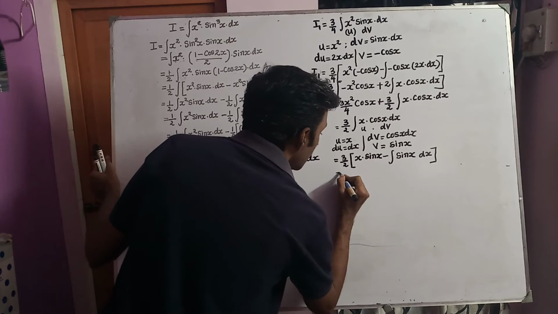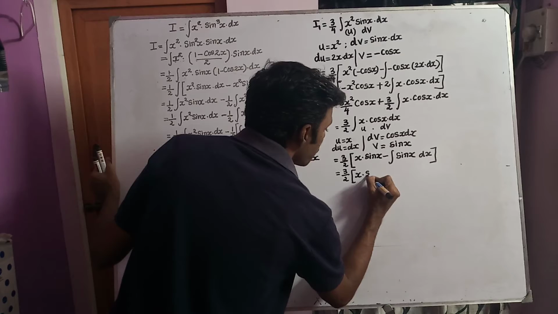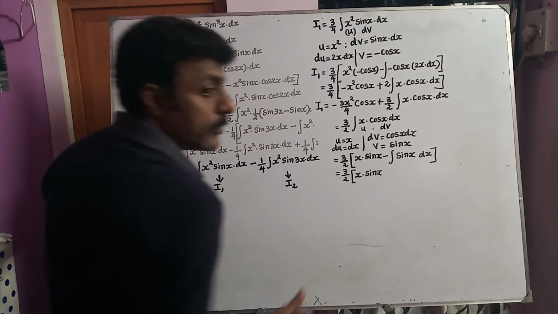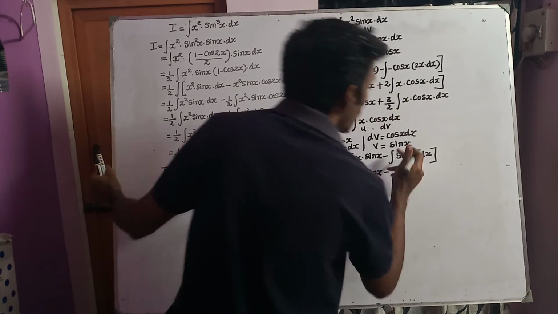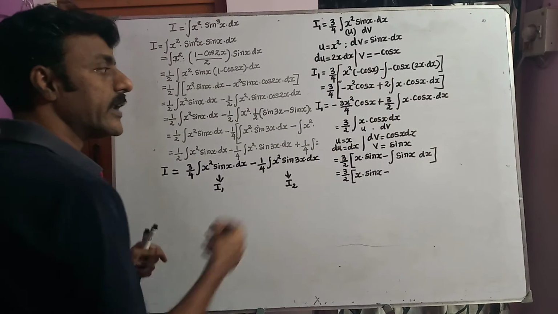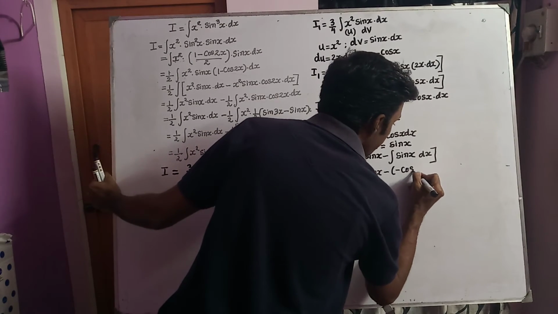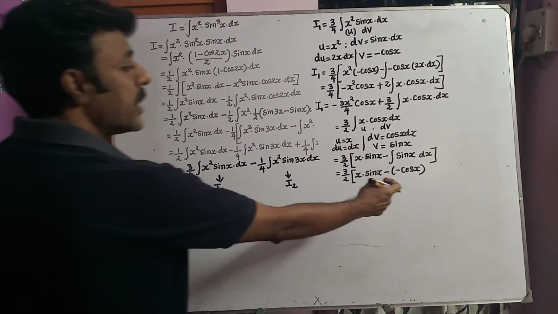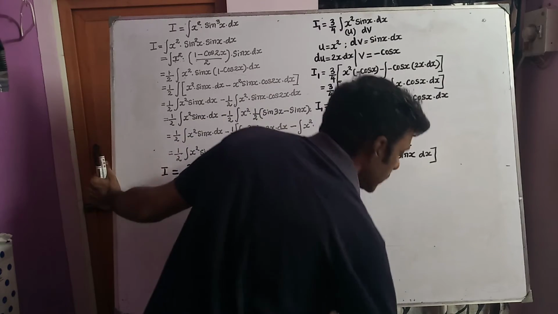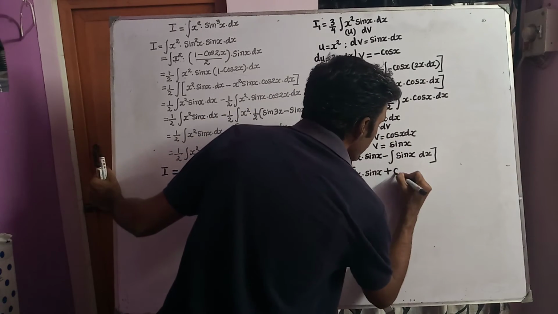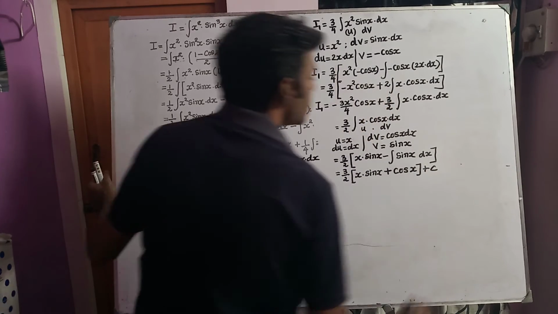So this will be equal to 3 divided by 2 into x into sin x minus what is the integral of sin x dx. Integral of sin x dx will be minus cos x. So minus into minus will be plus, so I am putting plus cos x, plus the constant of integration c.